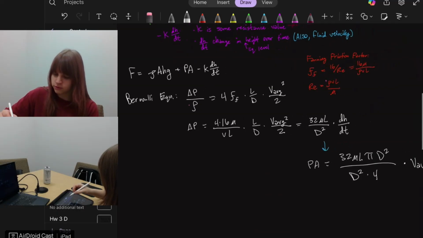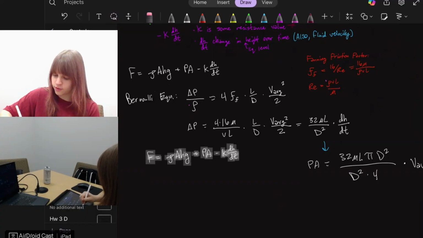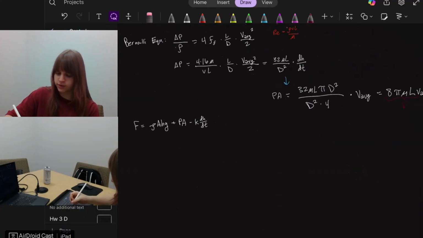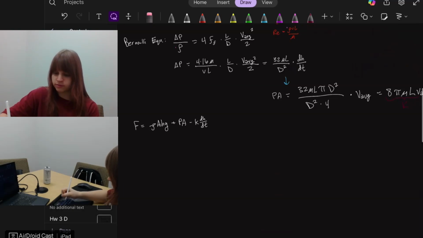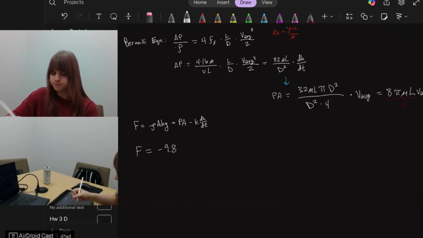So we still have this equation that I wrote above, but now we know what K is, so we can write this a little bit more thoroughly. So our force is equal to negative 9.8, that's gravity, times density, area, and height.